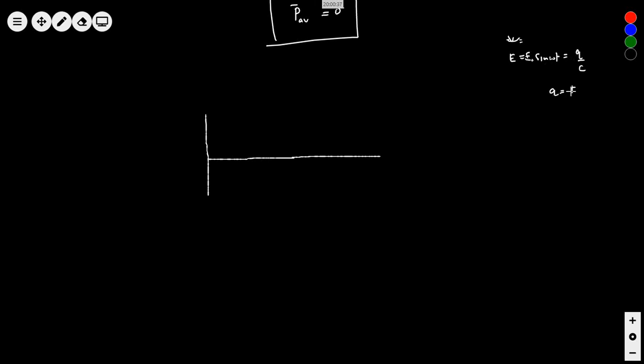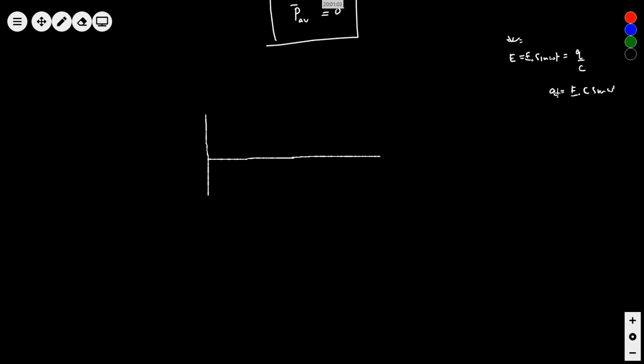So Q is nothing but E naught C sine omega t. Right? E naught C sine omega t. So Q is also changing in a sinusoidal way. However the voltage is changing, the charge Q will also be changing the same way. So if voltage is lagging, the charge will also be lagging.